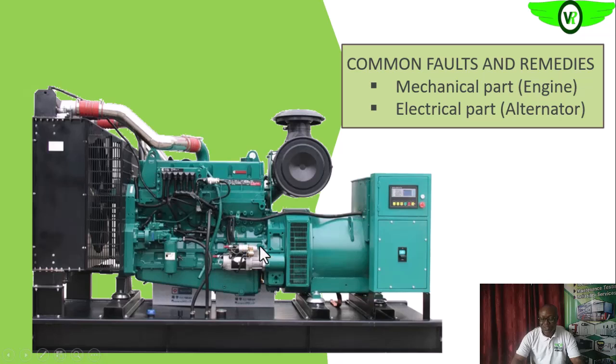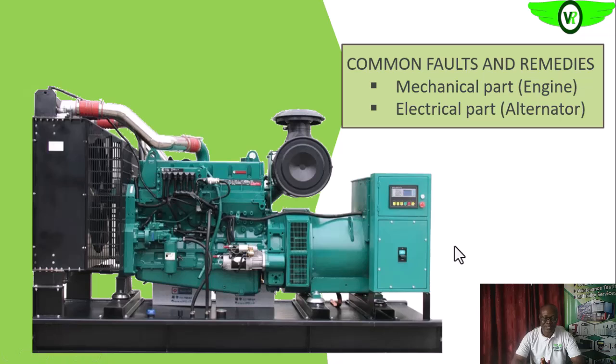Okay, so that rotating mechanical energy will be available for the alternator, and then the alternator will now convert it to electrical energy, which is what we needed. So the overall function of the diesel generator is to convert chemical energy that is contained in fuel, diesel fuel, to electrical energy.